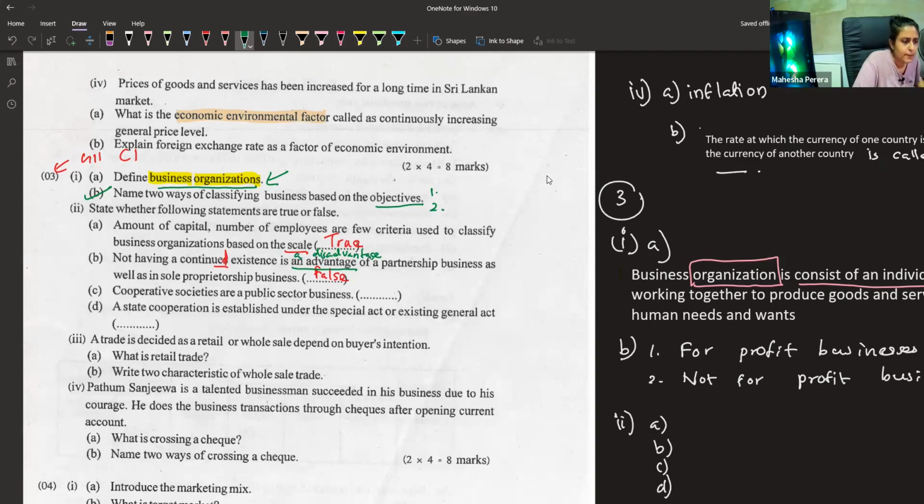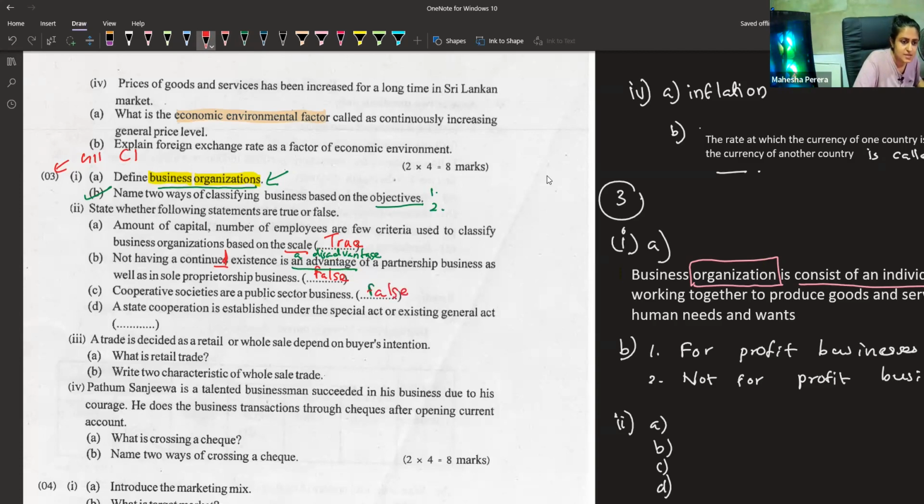Right. Then cooperative societies are public sector businesses. Let's ask Sonali, what's your answer, Puta? False. Because these are private sector businesses.